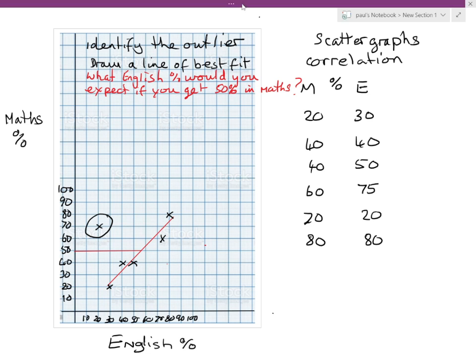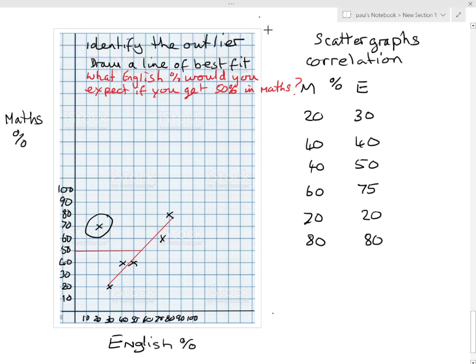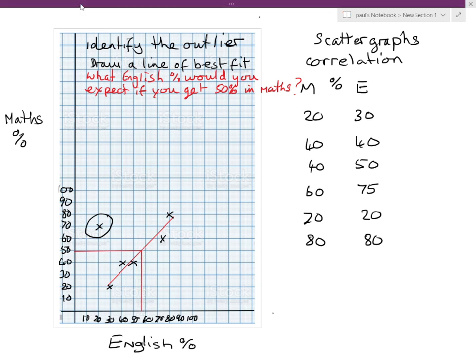So don't worry, there'll be a tolerance built into the answer. Anything between this and that, they'll say. Do this with a pencil before you commit to it. And I reckon that that is more or less about 57%. So if someone scored 50 in maths, you'd expect them to get 57 in English, according to the data that we've got.